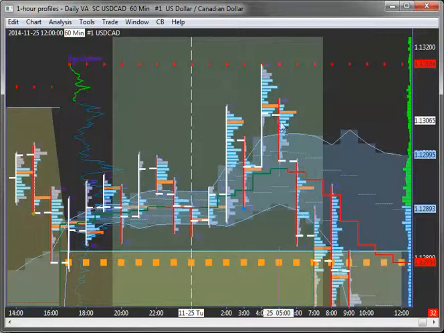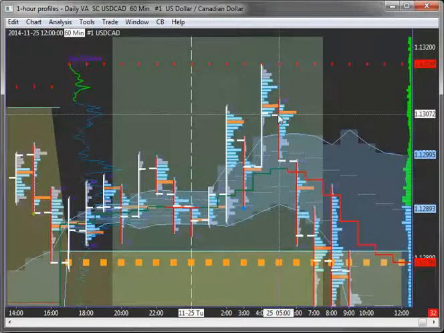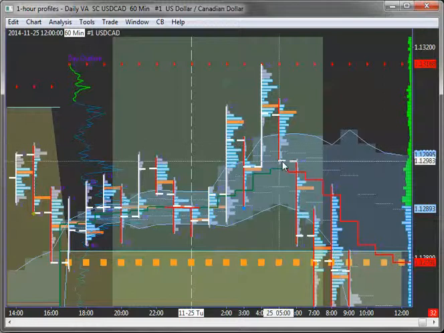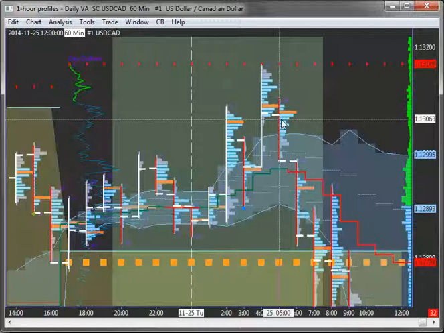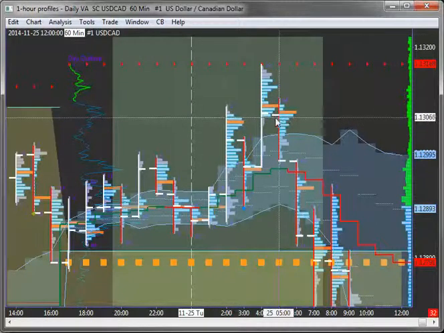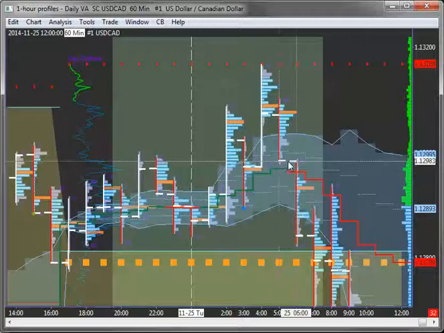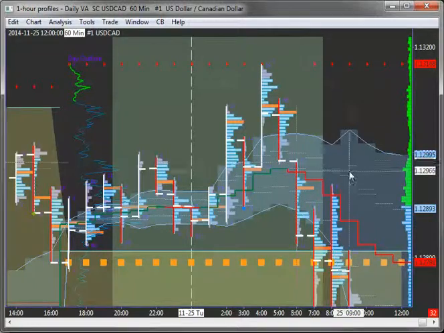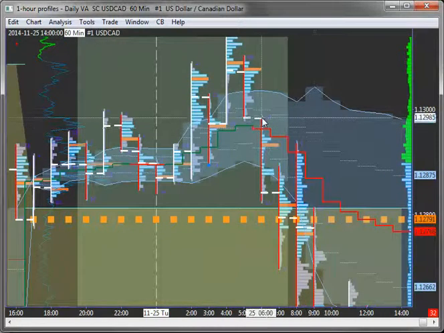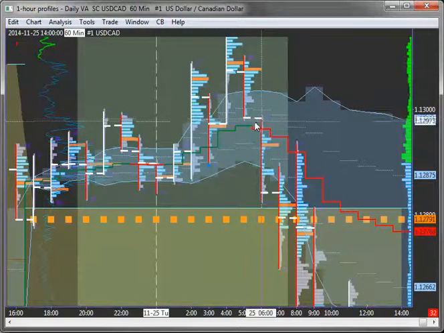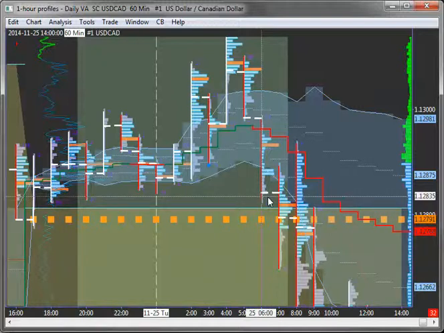And so when it does that, the indication here to be patient with longs, or maybe avoid them, is where do we close? That's the start of the new hour here. Where do we close? We close at the low, and then the new bar at 6 o'clock opens, and the high is also the open, and then it closed further down, and the close is very close to the low.